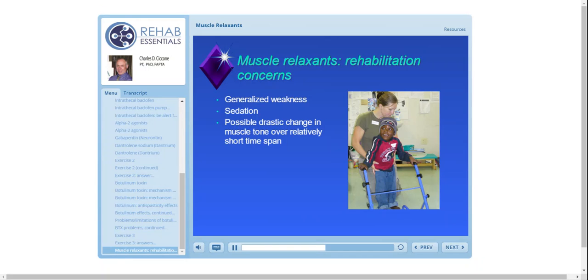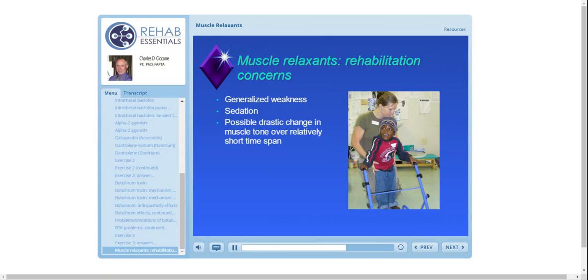But if the patient has become reliant on that spasticity to provide some background tone, it can be pretty harmful. For example, let's say we have a patient that uses their quadriceps spasticity from a stroke to lock their knee when ambulating. If we take away or reduce that spasticity, and the patient does not or cannot use their voluntary muscle ability in the quad, their knee is going to buckle.